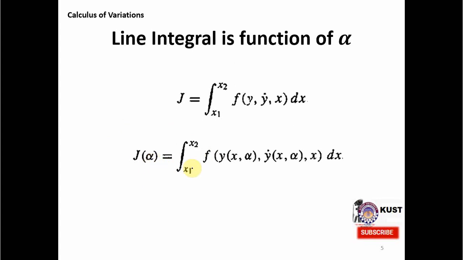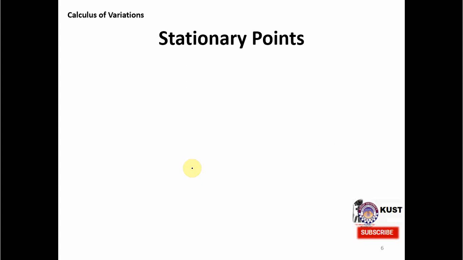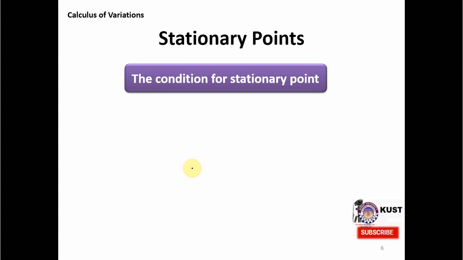Once we have done this, the next thing is to understand what the stationary points of this line integral J are. By stationary points we mean that the derivative of J with respect to alpha, and after calculating this derivative you put alpha equal to 0, must vanish.